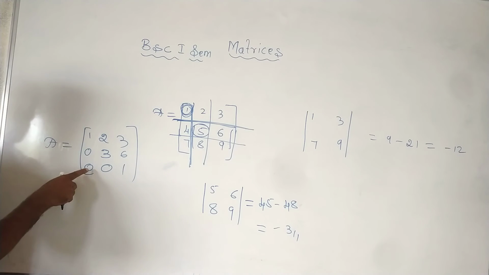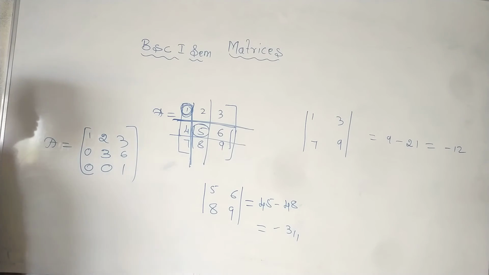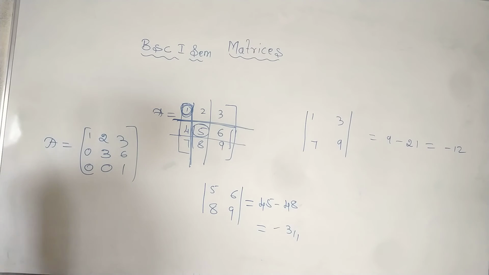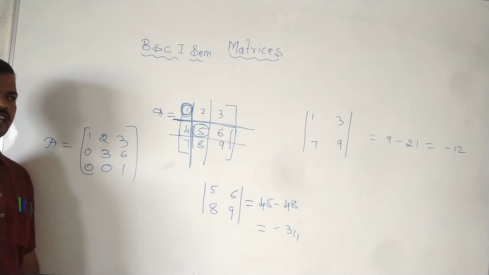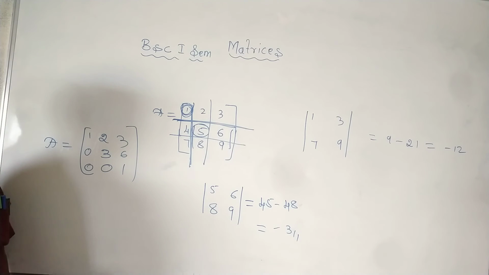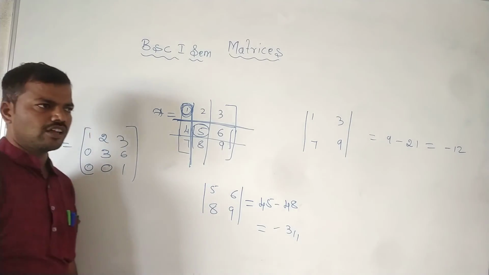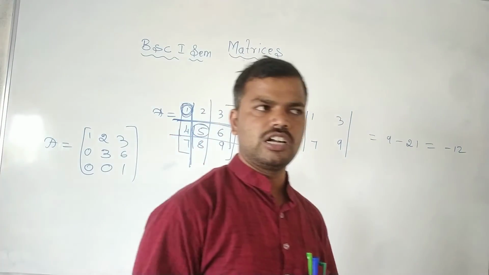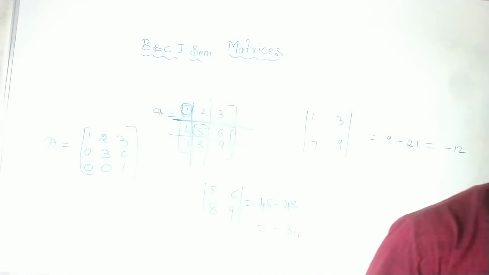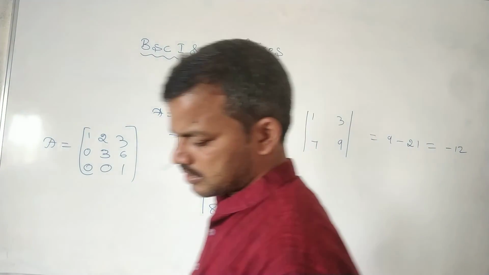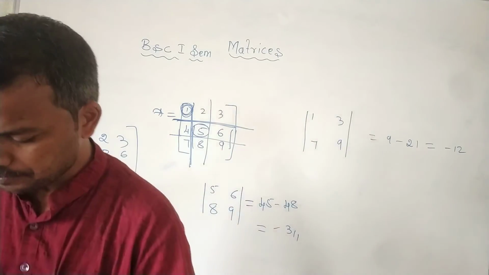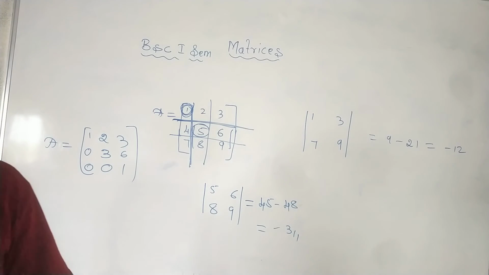How many non-zero rows are there? Or whose determinant is non-zero. If the determinant of a matrix is non-zero, then the order of that matrix is called the rank of the matrix. We will discuss the rank of a matrix.